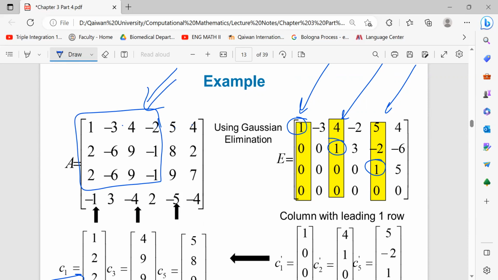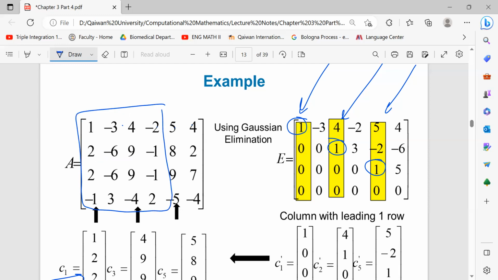The determinant of this matrix is 0. What we do, we reduce it, reducing a row and a column. If we pick this submatrix, it is 3 by 3.